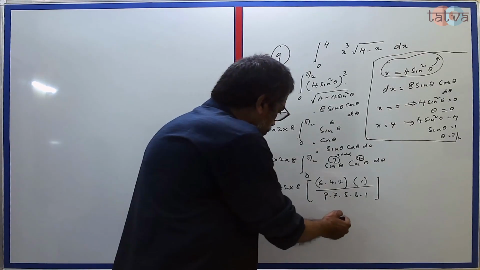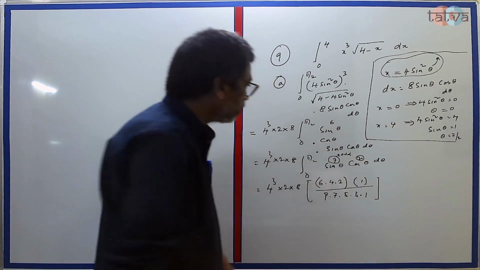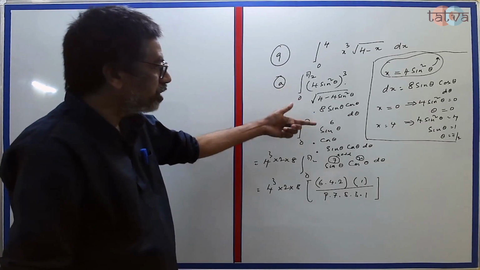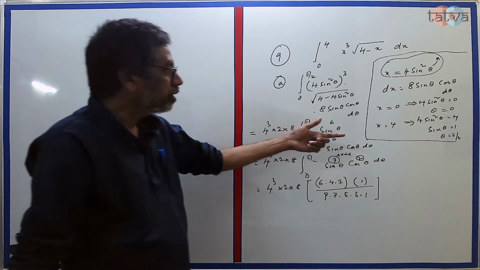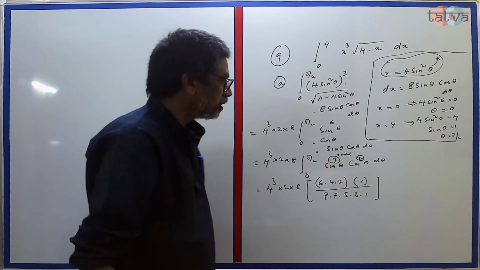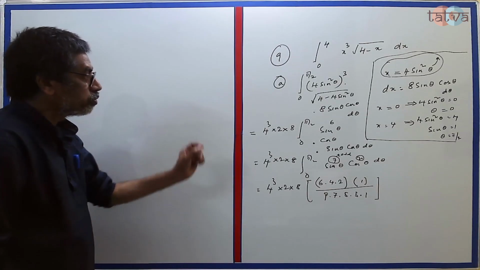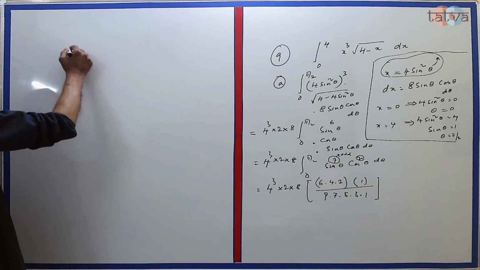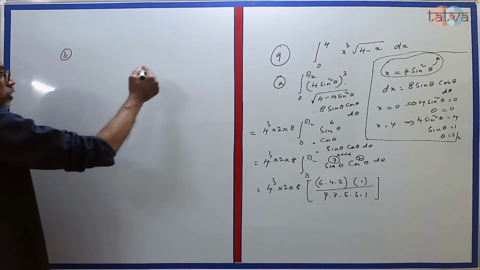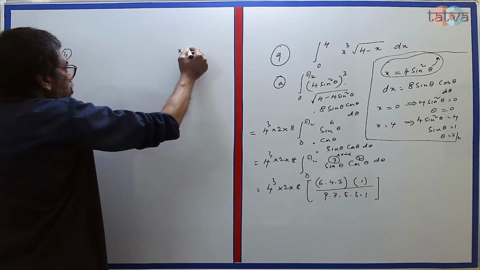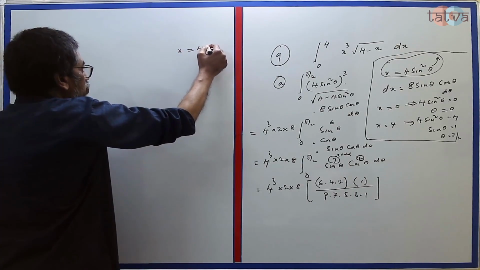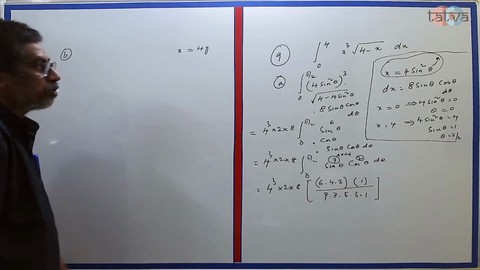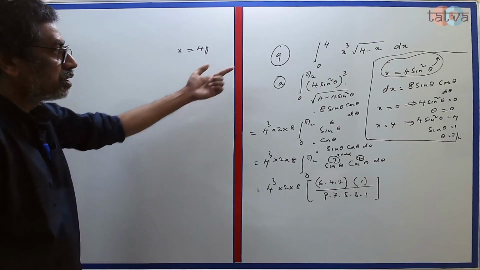So this is how you get it if you use elementary methods. Okay, that is using a substitution like this. But I have got one more approach to the same problem. What I'll do is, I'll use a substitution x is equal to 4y or 4u, anything like that.